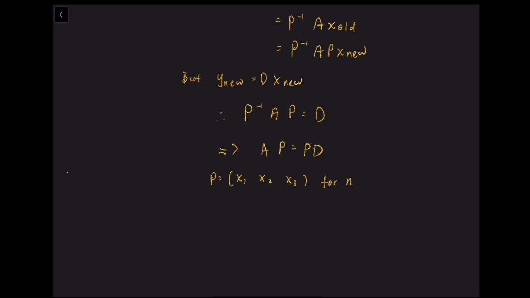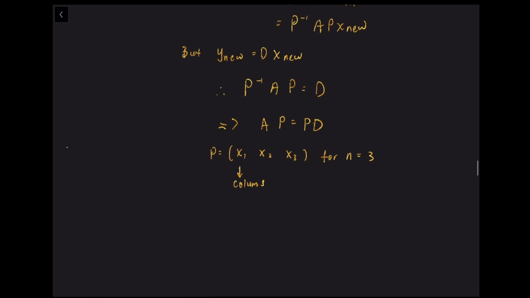If we write P equals x1, x2, x3, in a case where n equals 3, where x1, x2, and x3 are the columns of P, the equation AP equals PD can be written as A times x1, x2, x3 equals x1, x2, x3 times the diagonal matrix, which is lambda 1, 0, 0, 0, lambda 2, 0, and 0, 0, lambda 3.